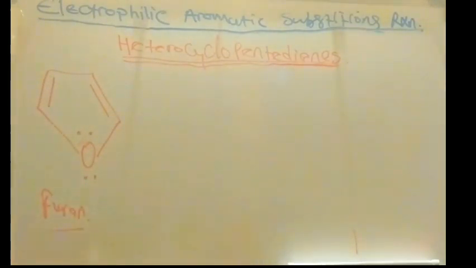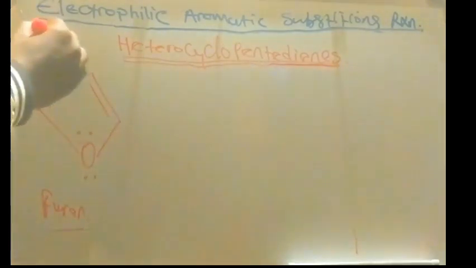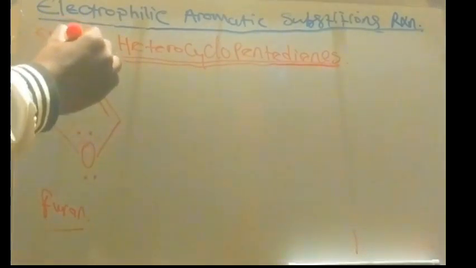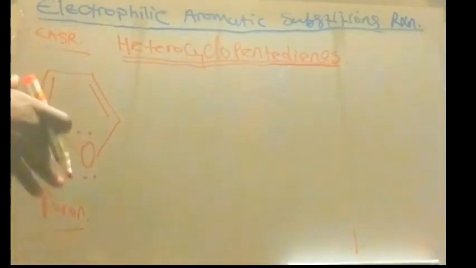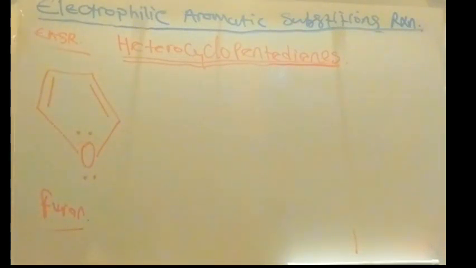Okay, so let's undergo electrophilic aromatic substitution reactions on this plain furan ring. So it's unsubstituted, that means it has no other substituent groups attached.